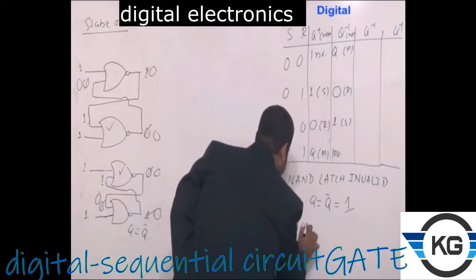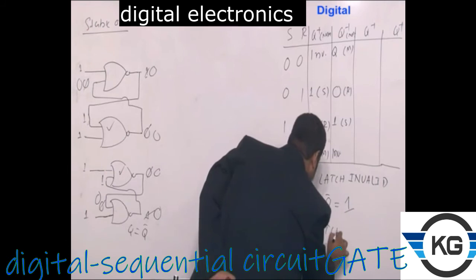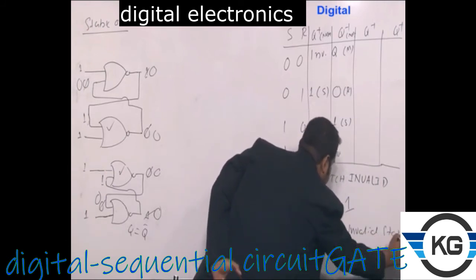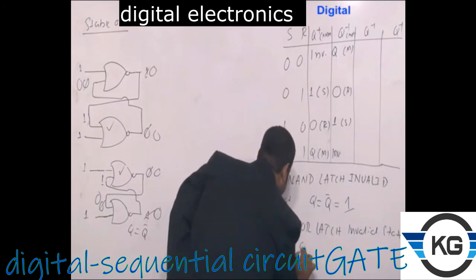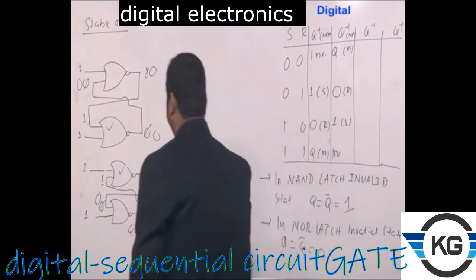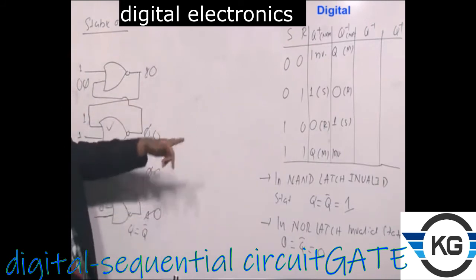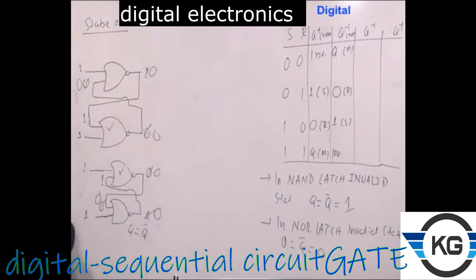In the NOR latch, invalid state, Q equal to Q bar equal to 0, right? In the invalid state, in this case we are getting 0, 0. In the previous case you can compare, we are getting 1, 1.